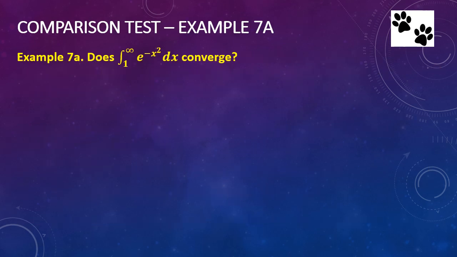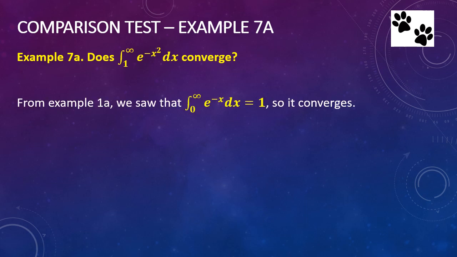So let's look at an example for the comparison test. Example 7a. Does the integral from 1 to infinity of e to the negative x squared dx converge? Well, if you remember from example 1a, we saw that the integral of e to the negative x from 0 to infinity dx was equal to 1.